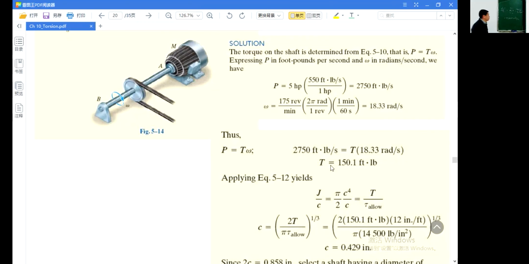We have to know the unit. 1 foot equals 12 inches.